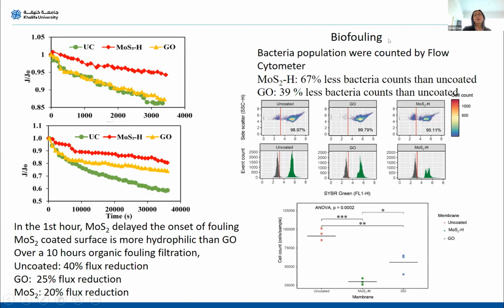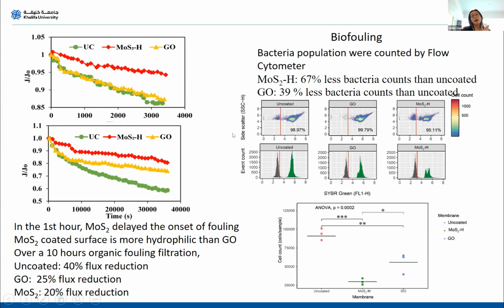In the biofouling experiments, we collected the fouling layers scraped off from three fouled membranes: uncoated, MoS2 coated, and GO coated. Then the bacterial population was analyzed and counted by a flow cytometer.